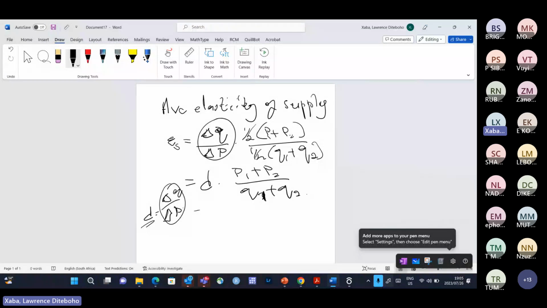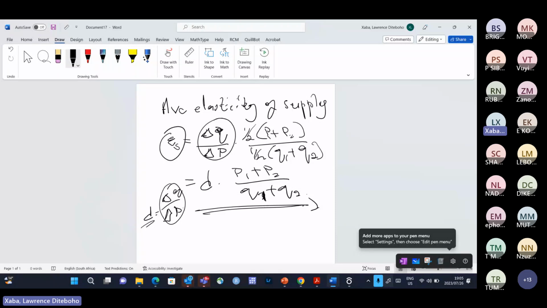In case we want to calculate over an interval, this is what we use for elasticity of supply.